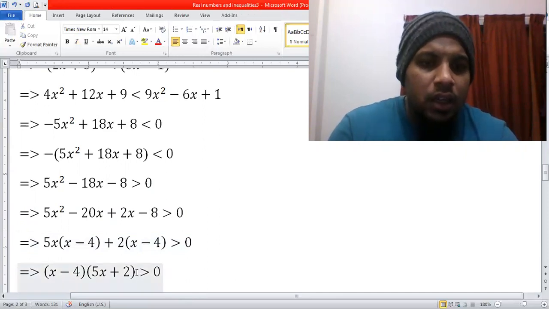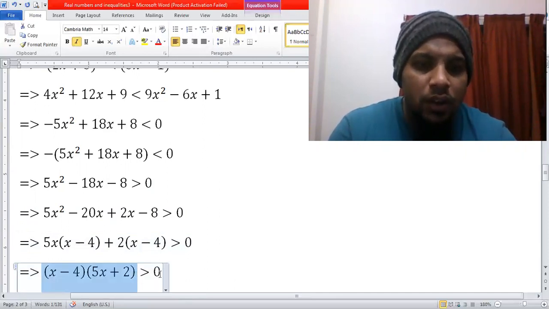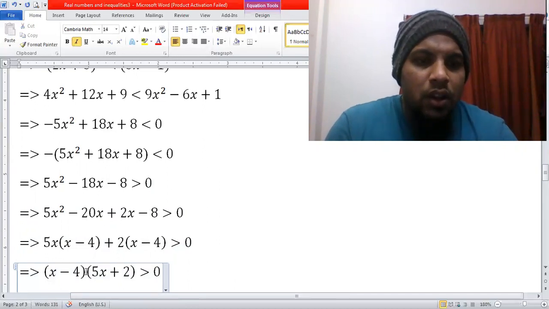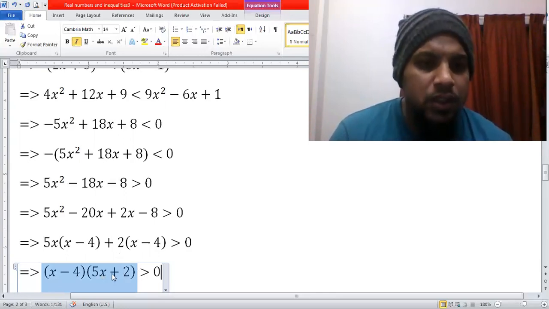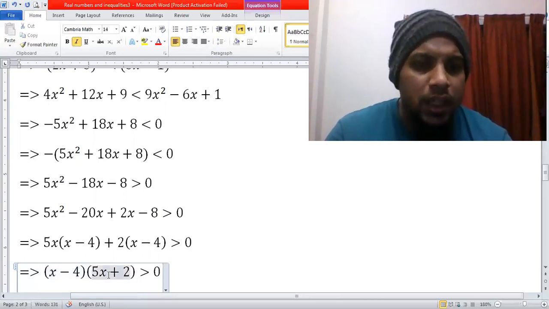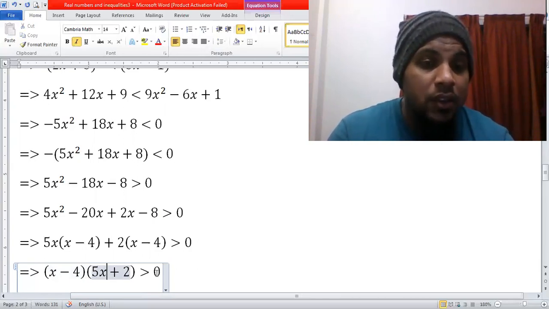Here the product should be greater than 0. That means if both are negative, then the product is positive, or if both are positive, the product is positive. If one is positive and the other is negative, then we will not get a number greater than 0.